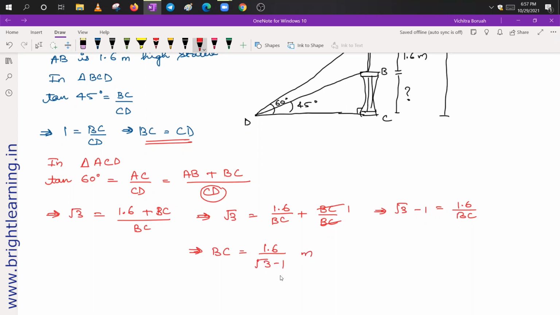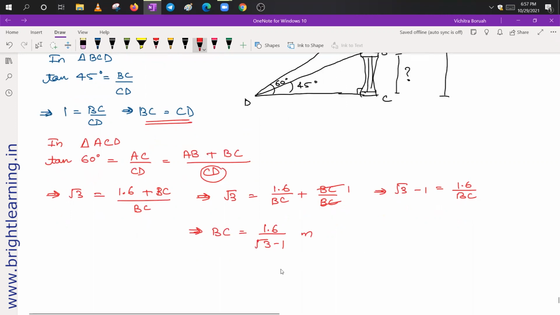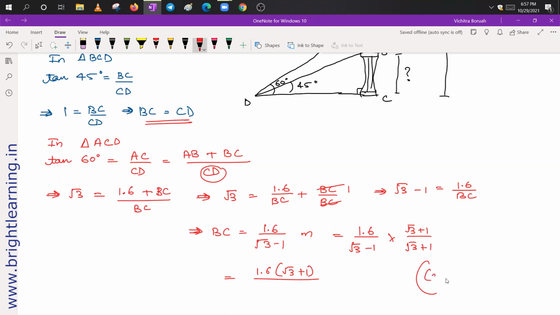And if you want to rationalize it, you can do the rationalization. So for rationalization, you just multiply the numerator and denominator by root 3 plus 1. So you will get 1.6 into (root 3 plus 1) upon, now here you will use the formula (A minus B) into (A plus B) equal to A square minus B square.